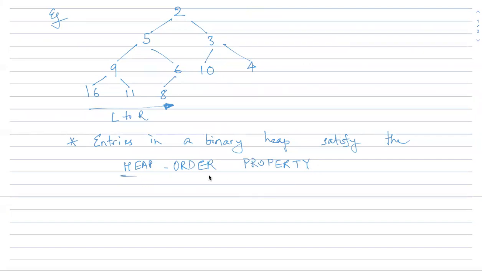So what is the heap order property? So the heap order property states that no child has a key less than its parent's key.